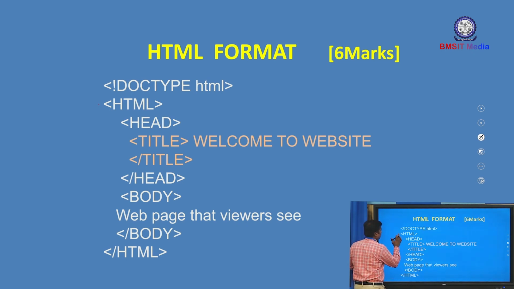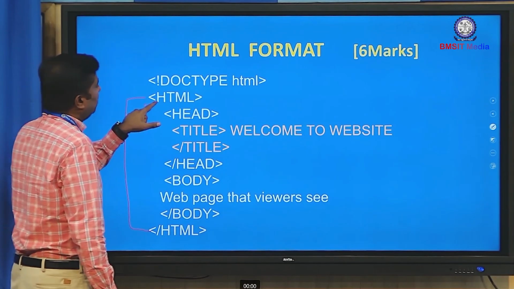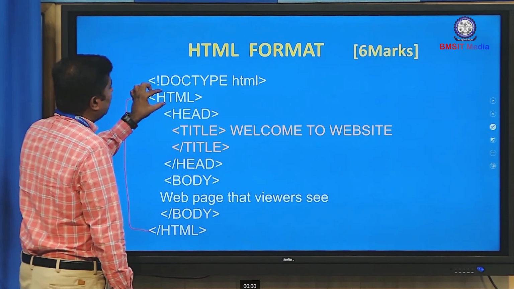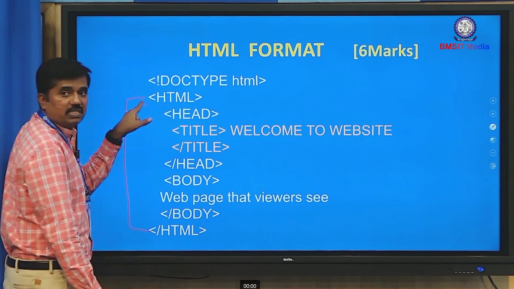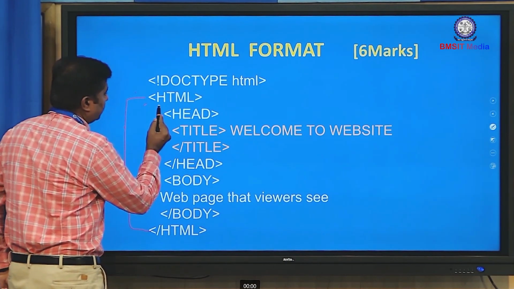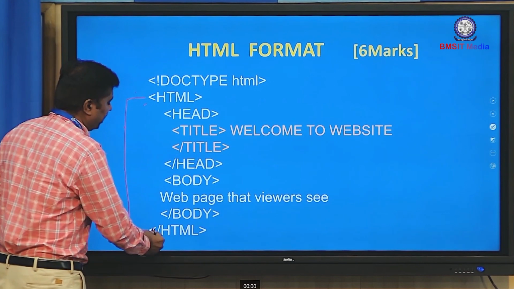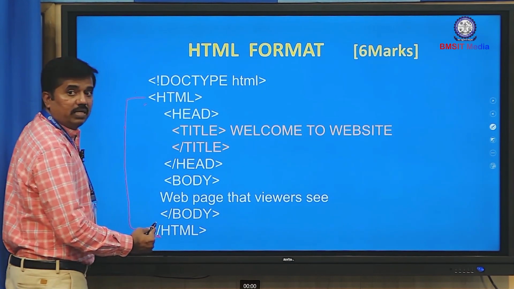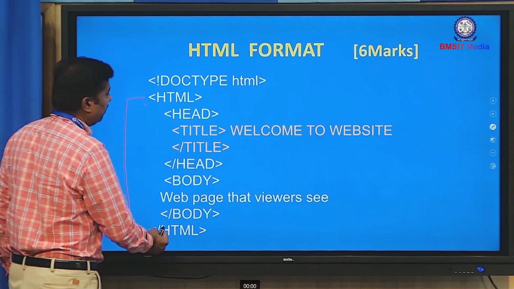This is the beginning tag. Whenever you enclose any keyword in angular brackets, we say it is a tag. In this tag I have started, and it is ended by using a forward slash. It indicates the end of the HTML.